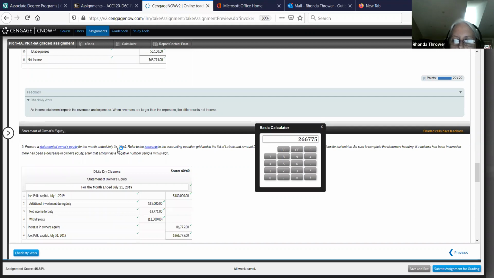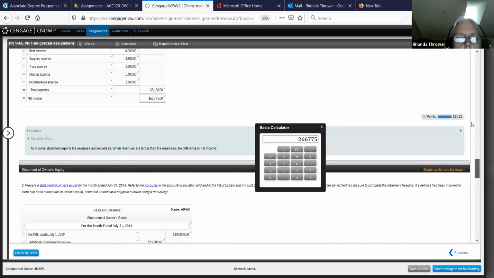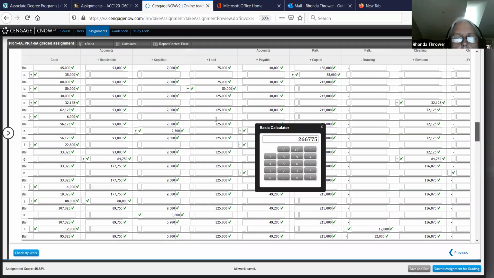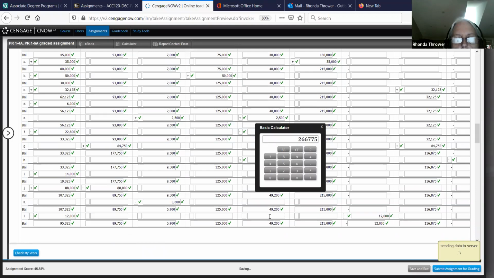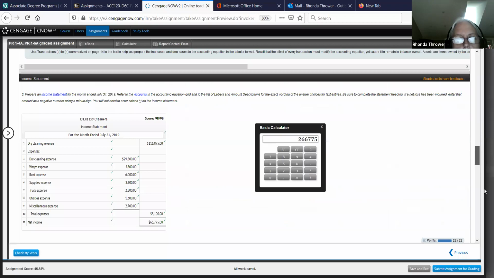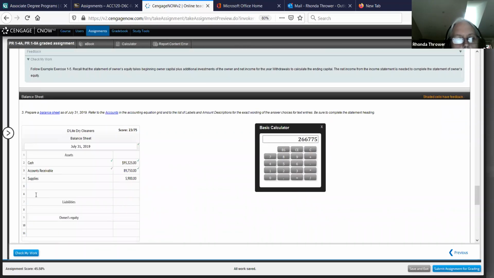I'm having a little trouble here. It's calculating evidently. There we go. One more asset, the land. And the land balance is $125,000. So land goes here at $125,000.